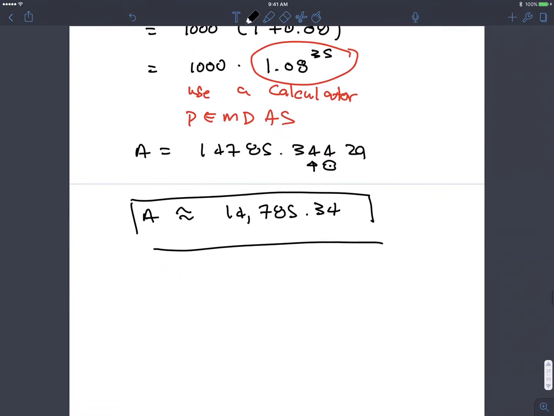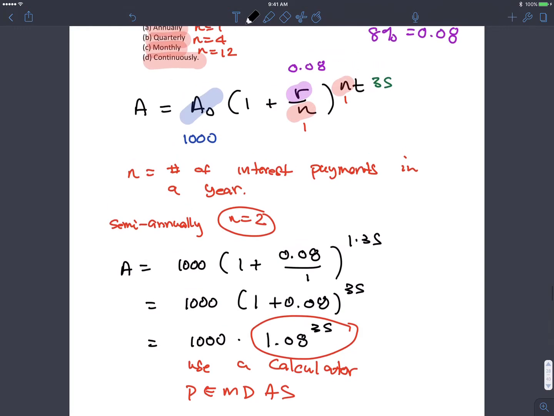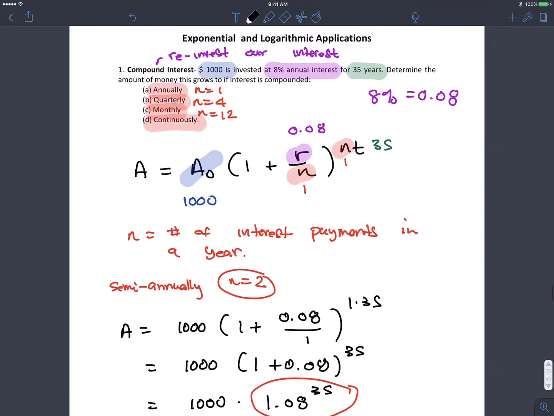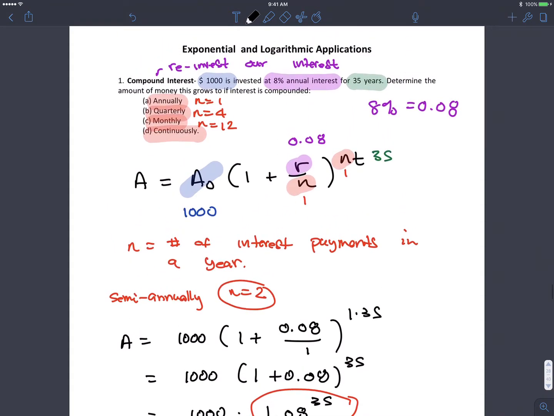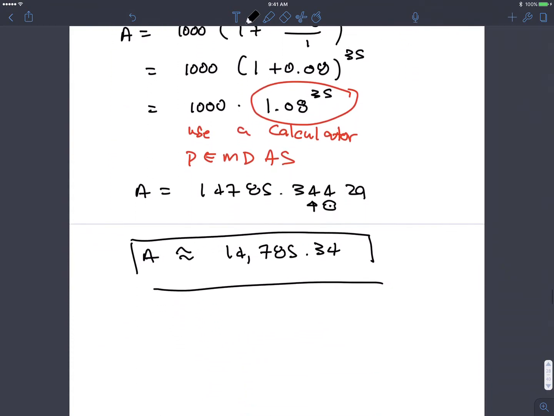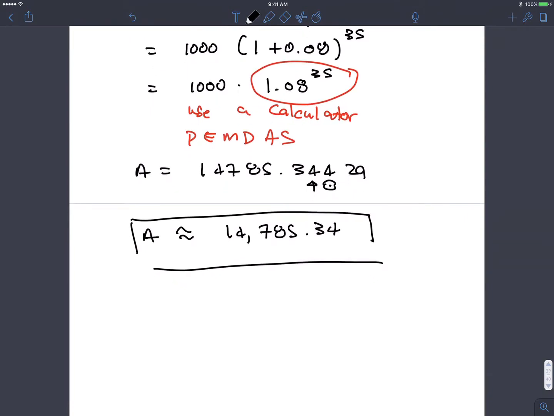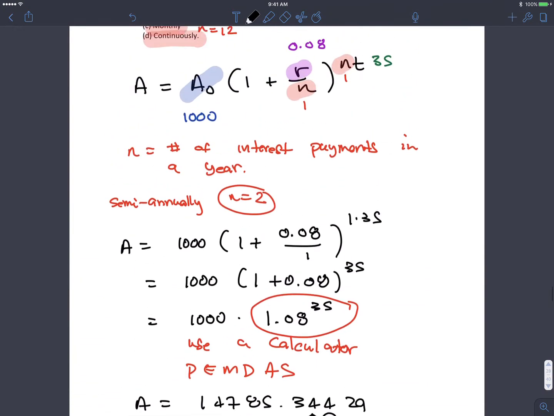So when we invest $1,000 at 8% annual interest per year, if our interest is compounded annually for 35 years, we get about $14,785.34. Now, I'm going to keep this here.